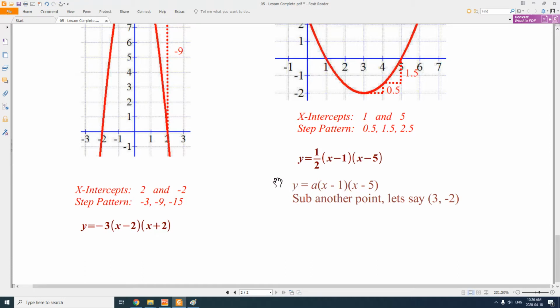So I could just take my vertex, and I'm going to substitute that point into the equation. It can be any other nice point, 3 and negative 2. So you substitute that into your equation: x is 3, y is negative 2, and you can use that to figure out the a value. So I replace y with negative 2, I replace x with 3, and now I can solve that for the a value.